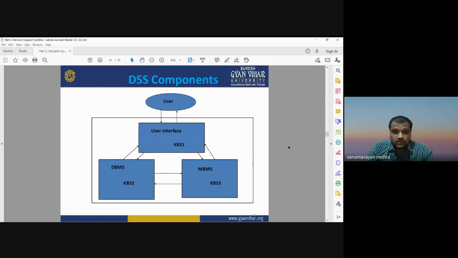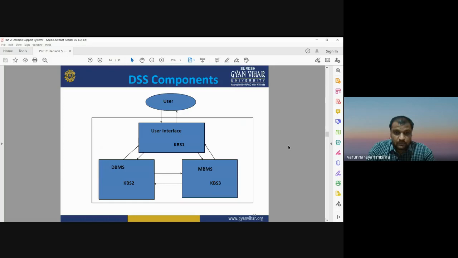Okay, so this is the figure. This graph shows the components of a DSS, starting with the user. The user needs a user interface, and before going to the user interface, we should have a database management system. The database management system includes the collection of all the data sets and related data sets, and we can use any model for processing that database.